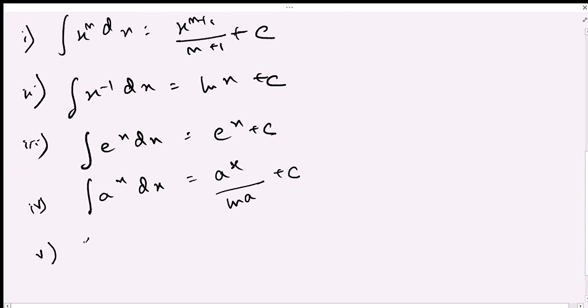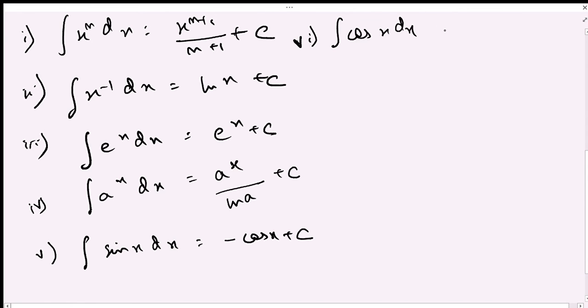Fifth one, we have integral of sin x dx, which is given as minus cos x plus c. Sixth one, we have integral of cos x dx, which is given as sin x plus c. Then we have integral of sec square x dx, which is given as tan x plus c.